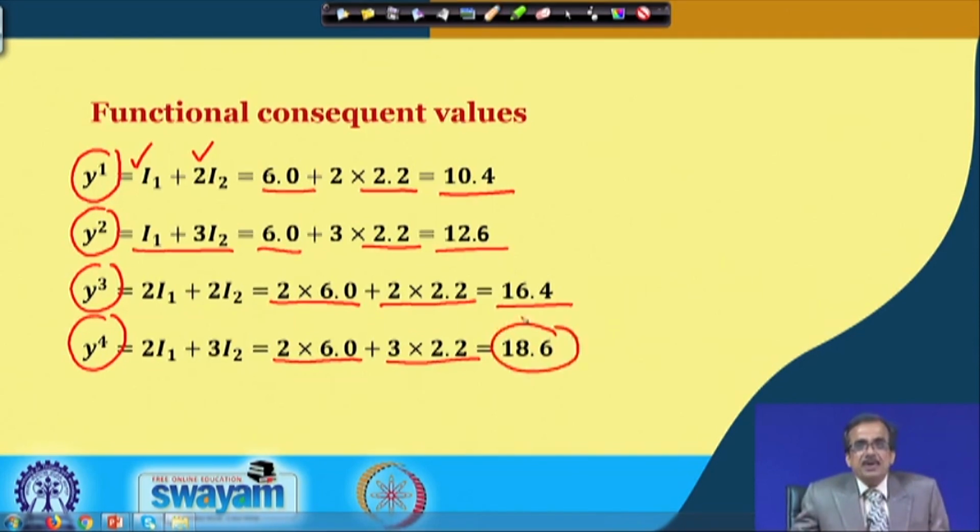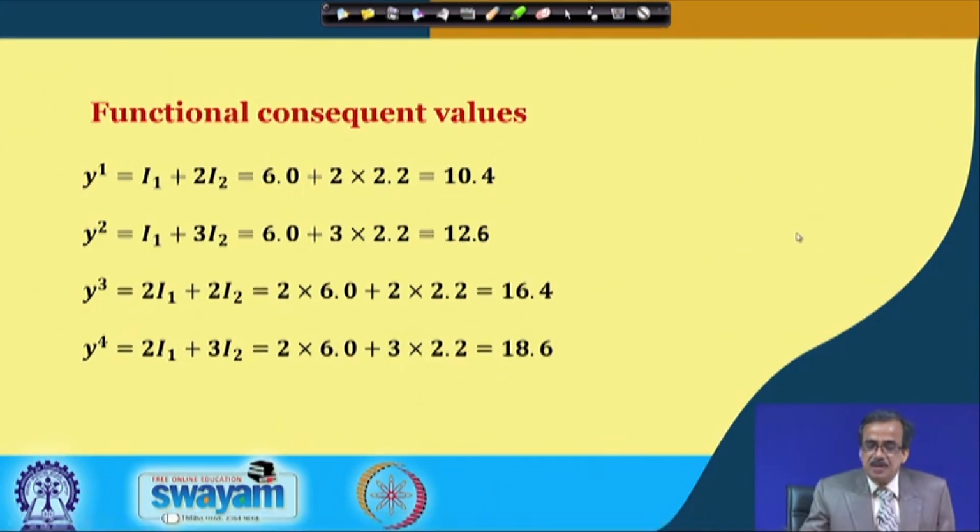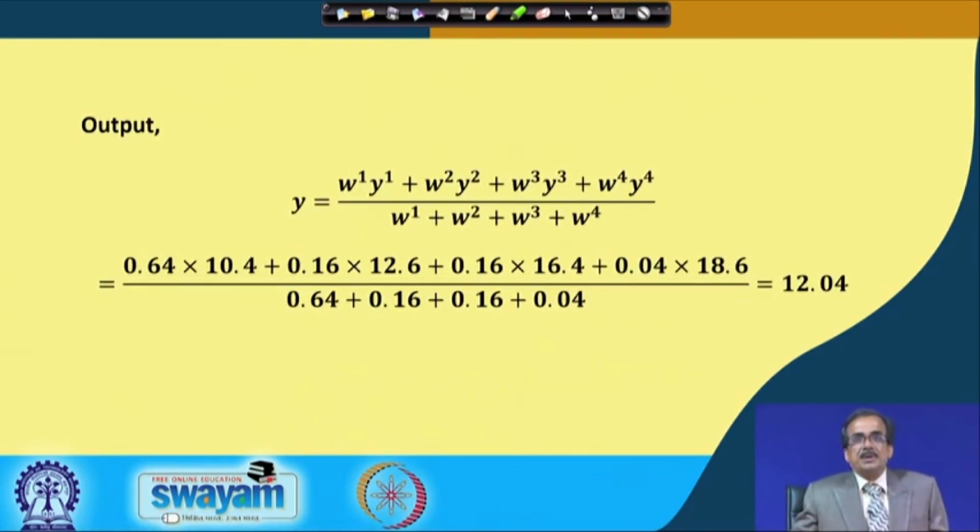So, till now we have determined the weights of each of the fired rules and the outputs of each of the fired rules. Now, I am going to find out how to determine the output considering the combined control action.